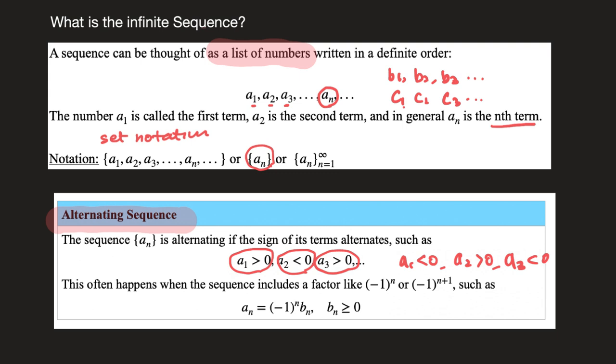So the sign is alternating. We call it an alternating sequence. Sometimes you're going to see this form, a_n equals negative 1 to the nth power times b_n, where b_n is positive. Sometimes they write negative 1 to the n plus 1 times b_n, or negative 1 to the n minus 1 times b_n. So an alternating sequence means they alternate sign.